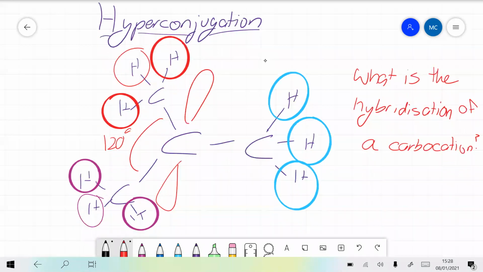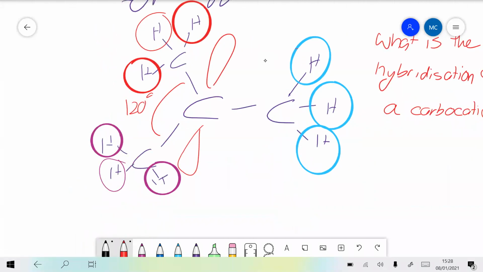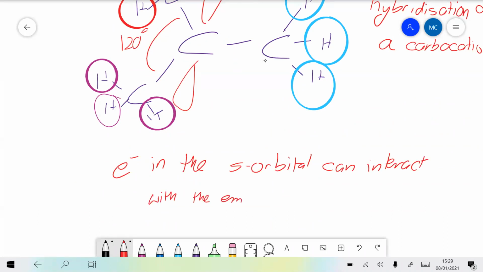So what happens is that the electrons in the hydrogen can interact with that empty p orbital. So electrons in the s orbital can interact with the empty p orbital.